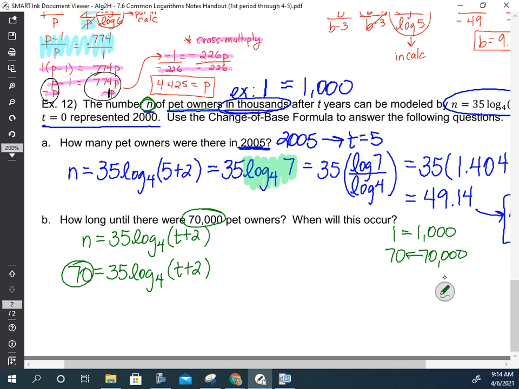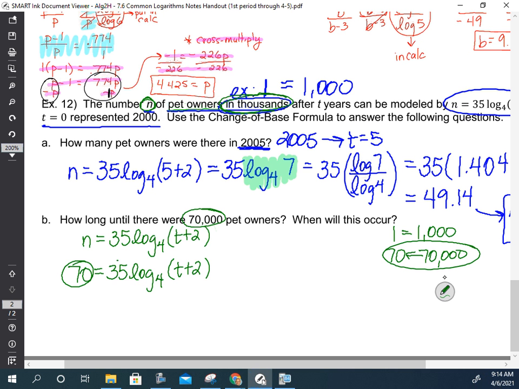So let me circle these two parts, and the part that says it's in thousands, just in case you're wondering why it did that. So, solving the problem is actually pretty simple.